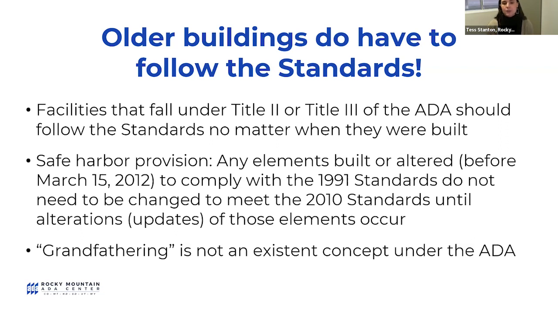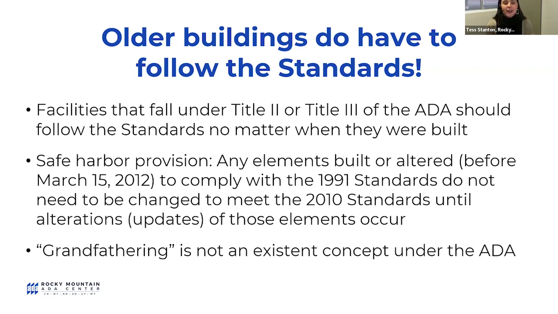So in other words, the Department of Justice doesn't want to punish people who once altered their facilities to comply with that first iteration of the standards by making them re-alter their facilities to comply with the 2010 standards. However, if there's a building that was once altered to comply with the 1991 standards and they decide to renovate or do updates or completely demolish the building and rebuild it, then those 2010 standards are triggered and they have to come up to the 2010 standards.